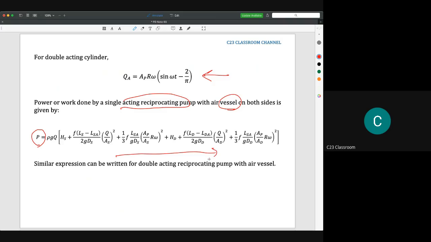The difference is we need to calculate the friction loss here by using the idea of flow in pipe that we learned in Fluid 1 and Fluid 2. But don't worry, you could make a revision about this topic because in our tutorial, I will show you how to calculate this one.